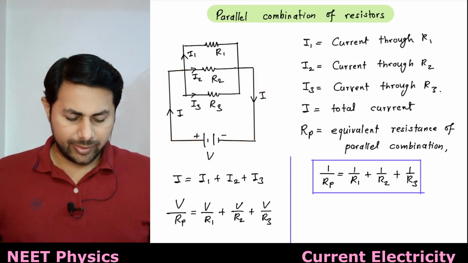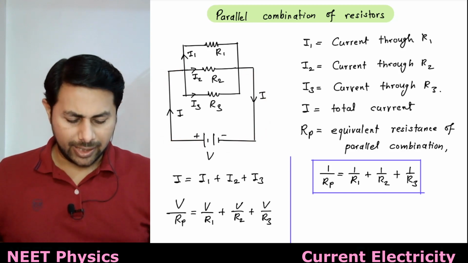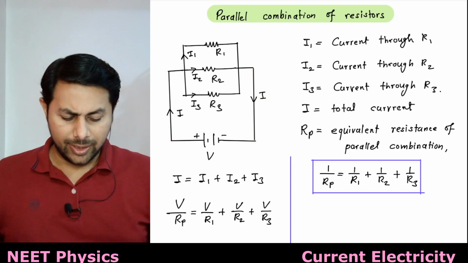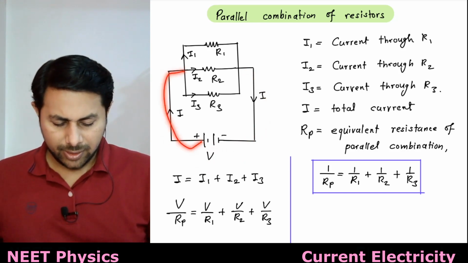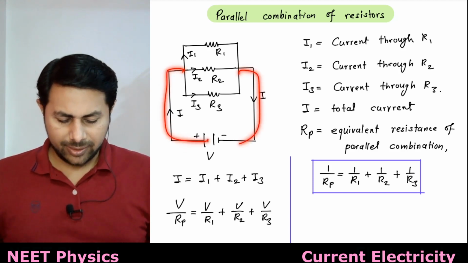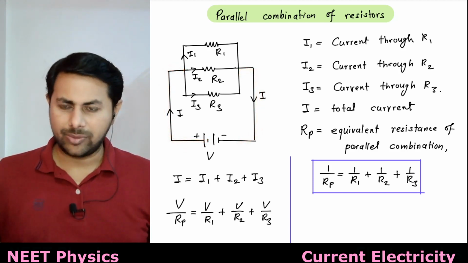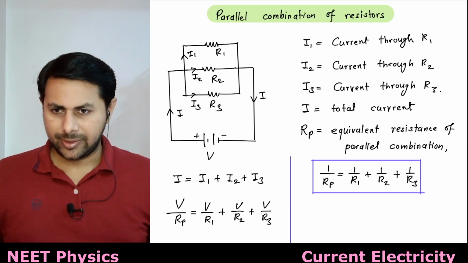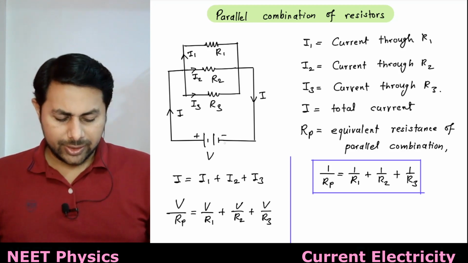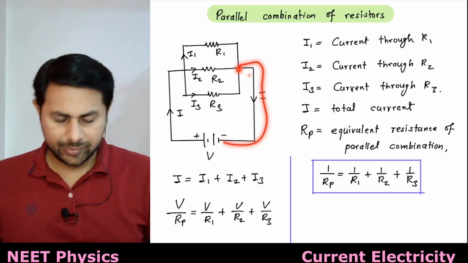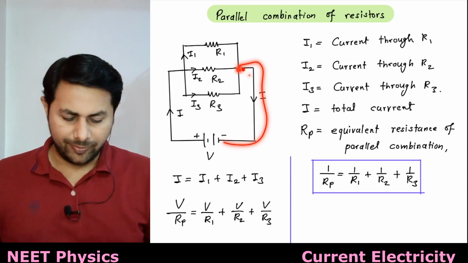Or a cell having a potential difference of V volts. So then all of these resistors are connected across this battery, right? So the potential difference for all of them will be equal, but the current will be different. Because suppose some electrons come from here to here, so at this point they have three paths along which they can move.